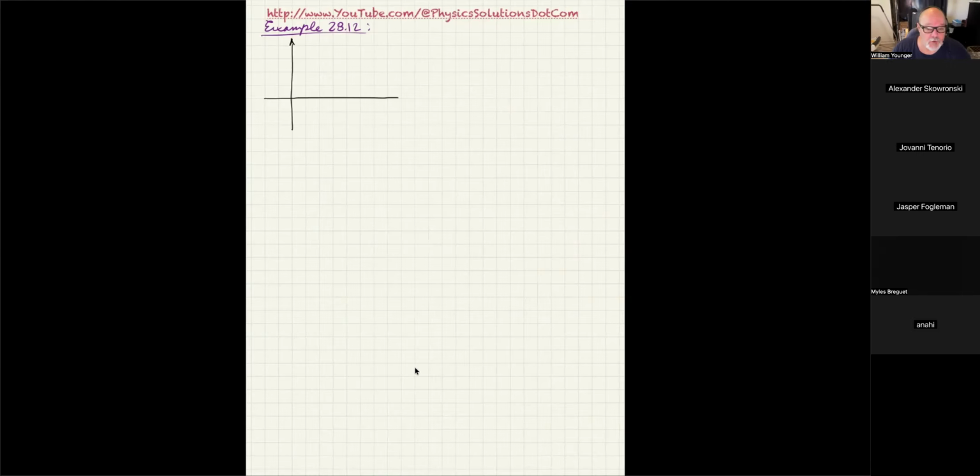So I'm going to say that this is my y-axis and this is my x-axis, and that means by the right-hand rule, hold your fingers like this when we're talking about a coordinate system. This is your x-axis, this is your y-axis, and then your z-axis has to point in the direction of your thumb. So you see that when I hold my hand like this with the x pointing to the right and my middle finger pointing up like the y is, then the z comes out of the page.